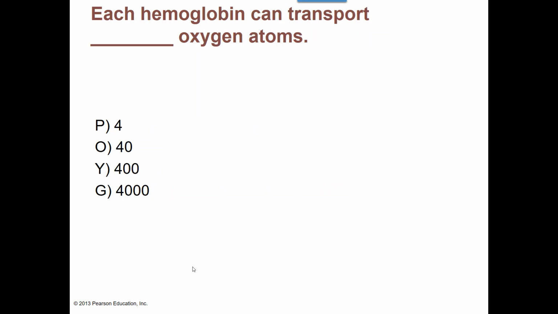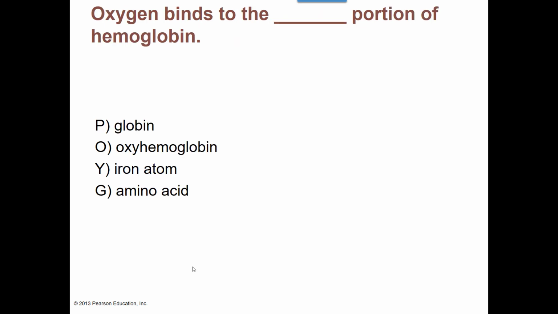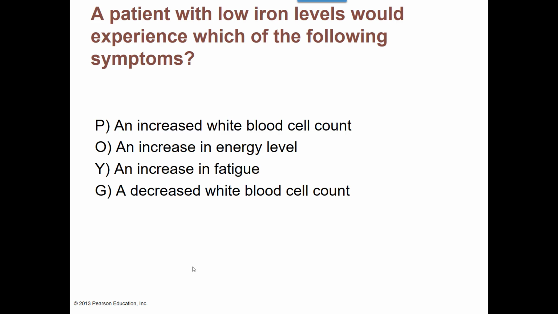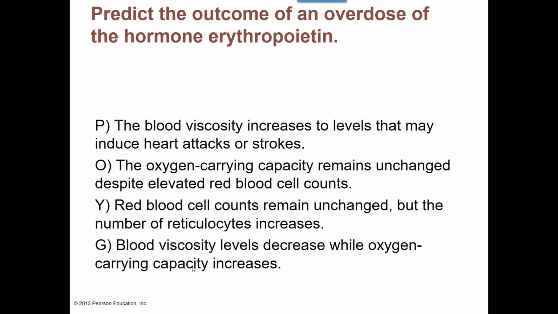Oxygen binds to the iron atom of the hemoglobin. A patient with low iron levels would experience which of the following symptoms? Biggest symptoms, this is anemia. If you've got low iron, you're going to have an increase in fatigue. Predict the outcome of an overdose of the hormone erythropoietin. Again, erythro means red, poietin or poiesis means making of red blood cells.